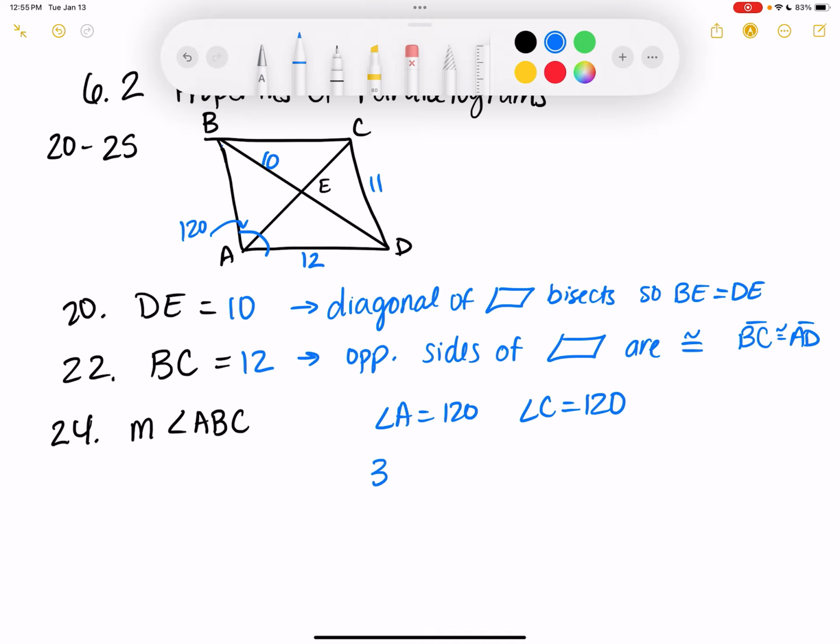So I'm going to do 360 minus 120 minus 120, so minus 240 in total. That leaves 120. We know that these angles are congruent, so these angles also have to be congruent. What would I need to do with this 120? Divide by 2. So 120 divided by 2 is 60, which means the measure of angle ABC is equal to 60 degrees.